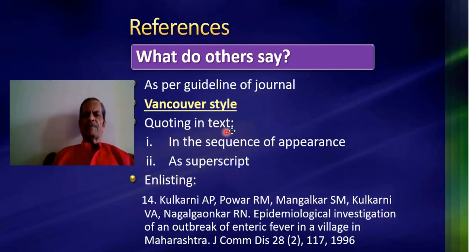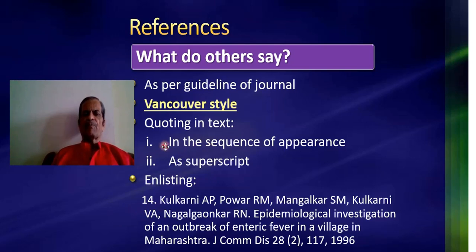Quoting the references in the text, for example, in Vancouver style, the quoting of the references is in the sequence of their appearance. So the first reference appears, say, in introduction, so it is numbered 1 and it comes at serial number 1 in the list of the references. Second reference comes in, say, material and methods, then it receives the serial number 2, and in the list of the references, it comes at serial number 2.